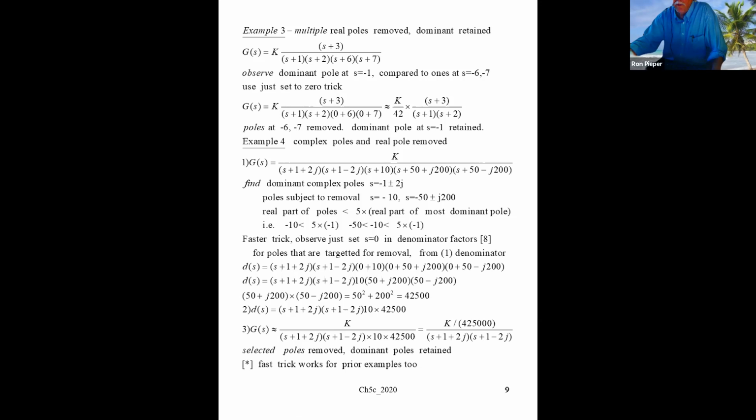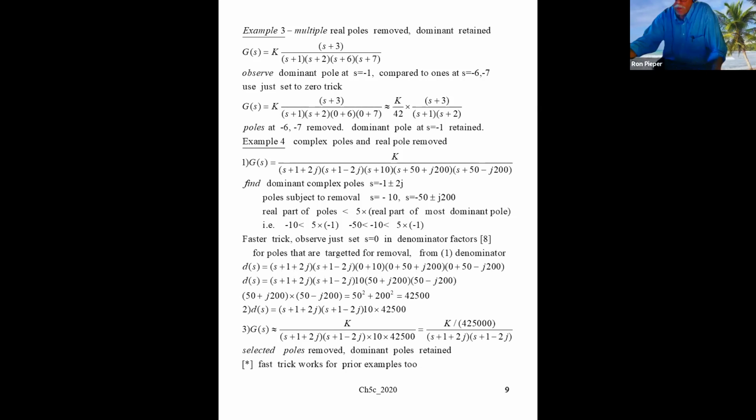And we see that there are also poles at -6 and -7. -6 and -7 are more negative than -1 by a factor of greater than 5, right? Because 5 times -1 is -5, but these are more negative than -5.